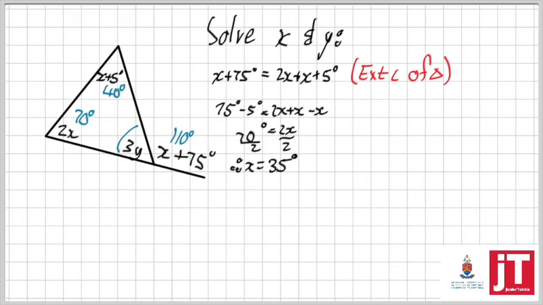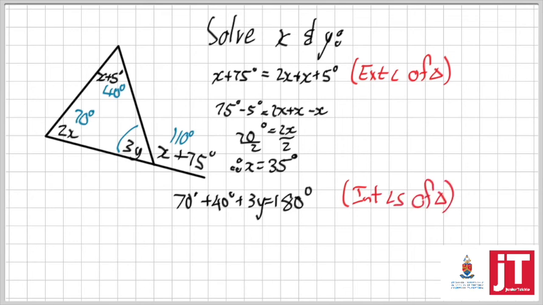Now you kind of look at it as if it is almost a new sum. But I can now go back to the axiom, and the axiom says that 70 degrees plus 40 plus 3y must be 180 degrees. Interior angles of a triangle. Now again, I've got my statement, I've got my reason.